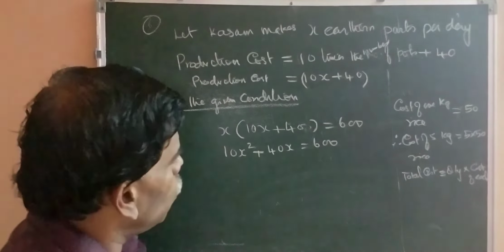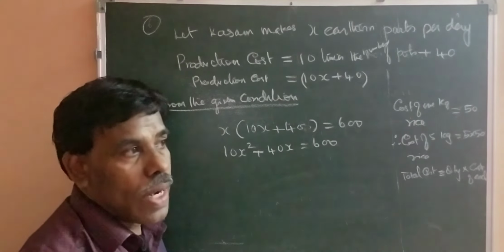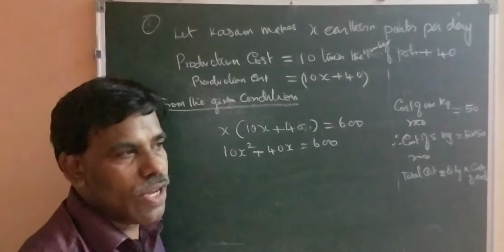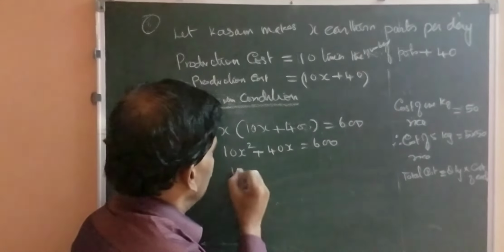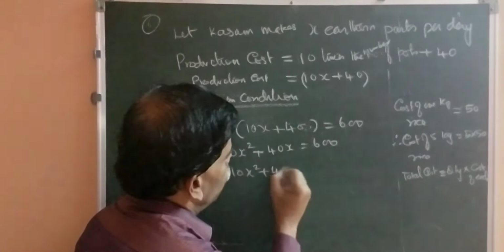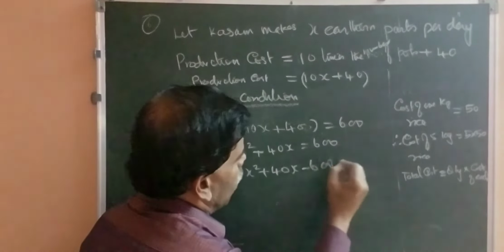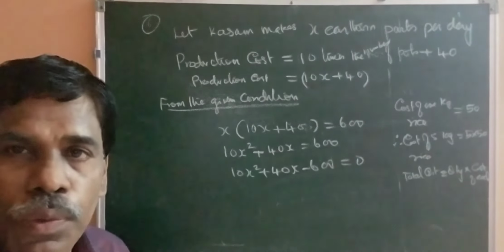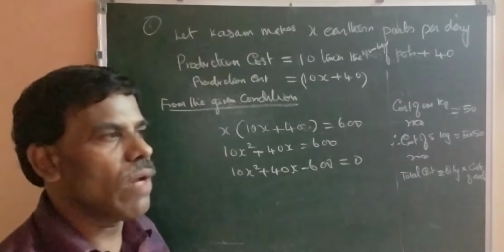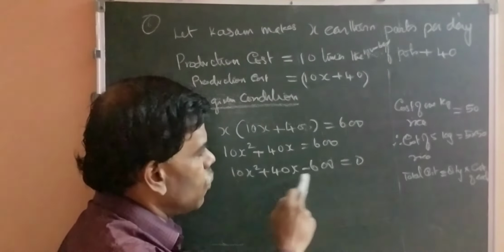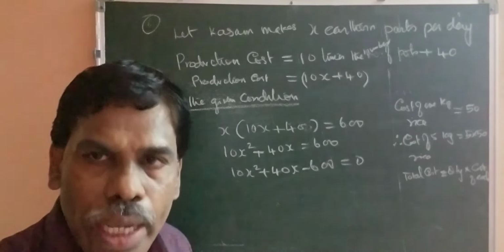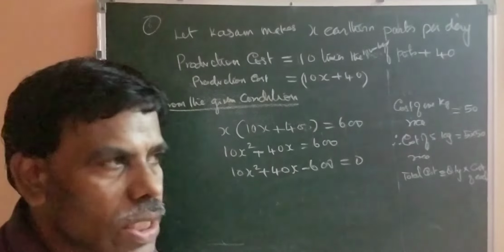Now as I told you, a quadratic equation means ax square plus bx plus c equal to 0. Okay. So 10x square plus 40x minus 600 equal to 0. Now as I told you, whenever you have bigger coefficients, it is a little difficult to get the factorization.